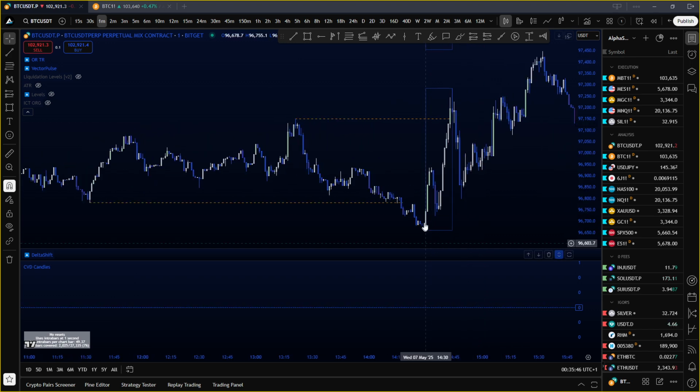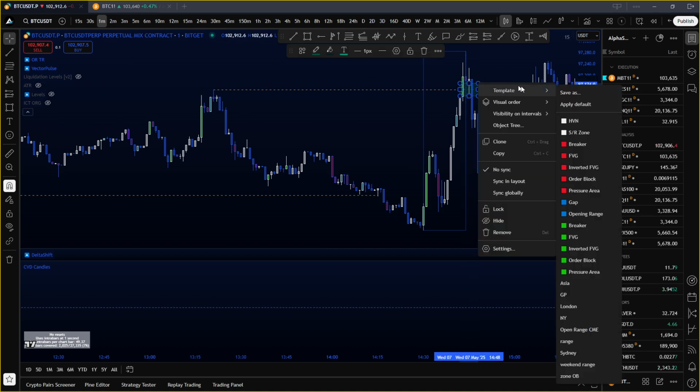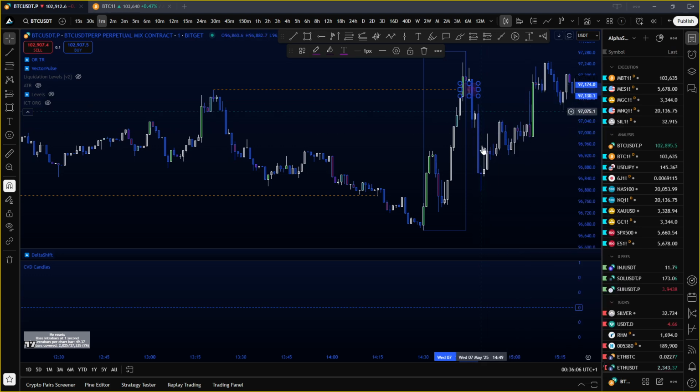Okay, why is this interesting? Because we took some internal liquidity from London even before the range and then pumped. We took the London high, and you do have an inverted FVG there. So if you shorted, you would either get stopped out or get out break even.